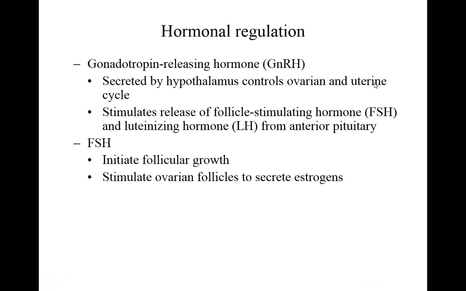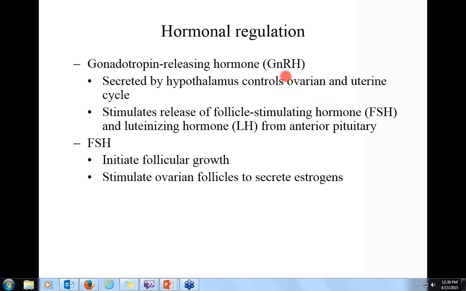First, overall, let's talk about the hormones. Gonadotropin-releasing hormone is released by the hypothalamus, and it controls both the ovarian and uterine cycle. It controls them by causing the anterior pituitary to release FSH and luteinizing hormone. FSH, follicle-stimulating hormone, initiates follicular growth, and it causes the follicles to secrete estrogen.